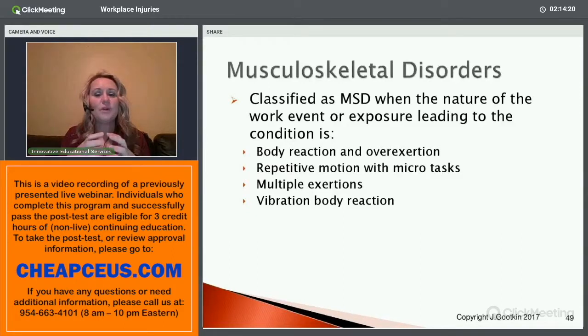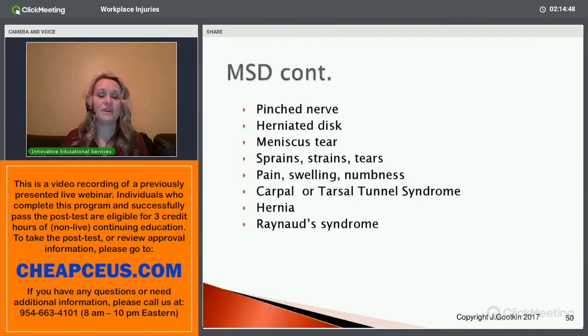So this is important to note that now it's recognized that muscle fatigue does play a significant role in injury, and it's something we also need to consider in our rehab. Repetitive motion, we know, with small tasks, multiple exertions, and then vibration is also another aspect where we can see significant injuries occurring because of exposure to vibration, and we'll talk about that and what you should be aware of.